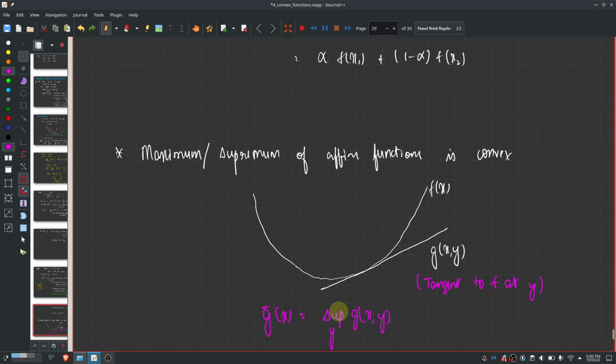So obviously g bar of x should be less than or equal to f of x.